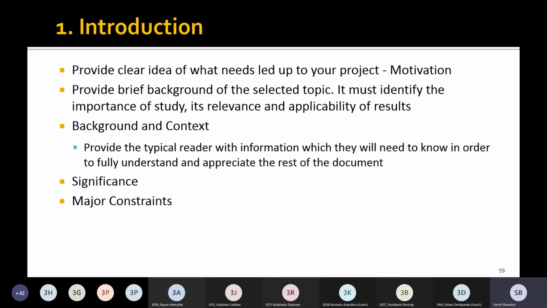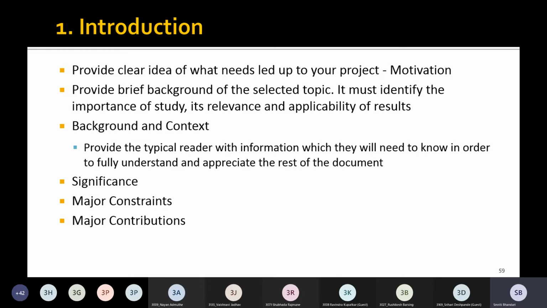Mentioning the constraints in the introduction chapter itself really makes sense, because if we clearly provide the constraints of the project, then the examiner or the reader may not raise any questions related to the areas that we have not addressed. So it is really very important to include major constraints. Also, we should include major contributions of the project.